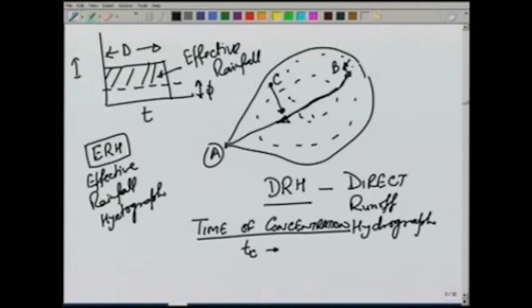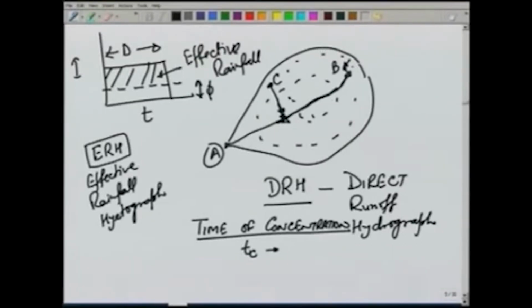A raindrop falling at C will first have to travel over the land to this point on the stream and then move towards the point A in the stream. Now, since the stream velocity is very high, the raindrop at B may reach A sooner than C. So, it is not the distance which affects the time of concentration, but it is how far it has to go over land and how far then it will have to go through a stream.